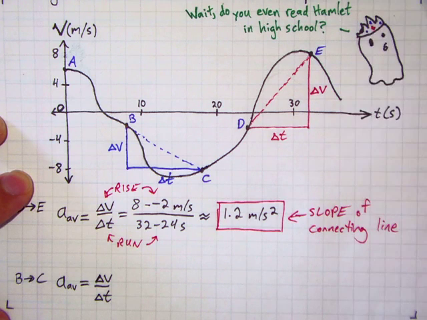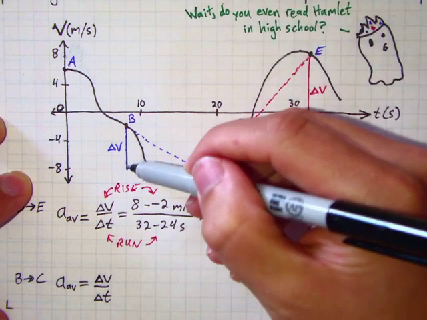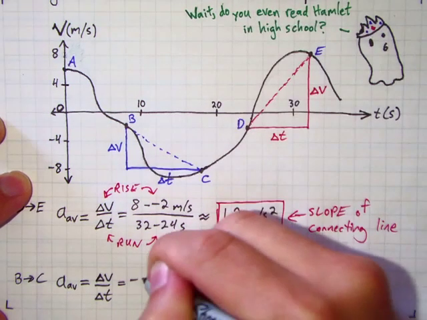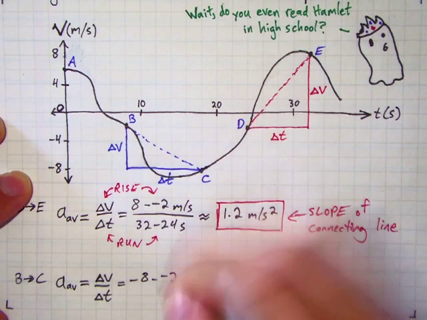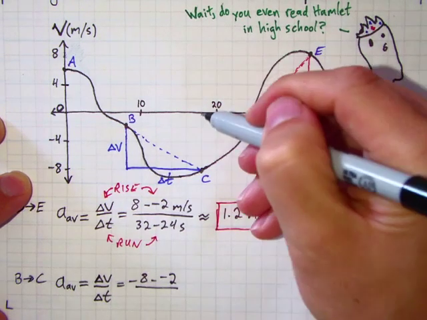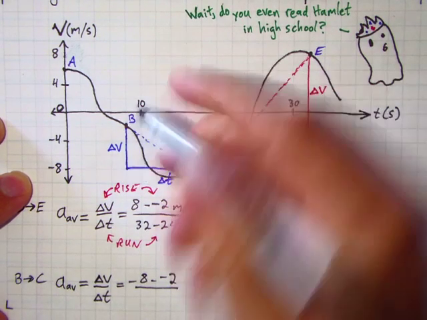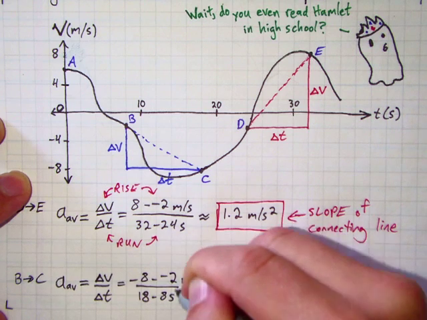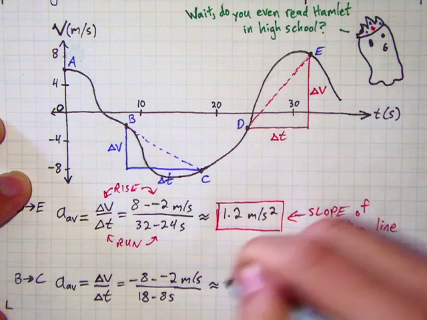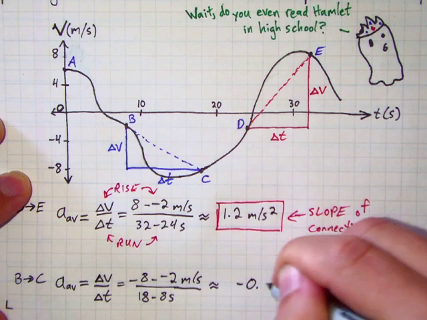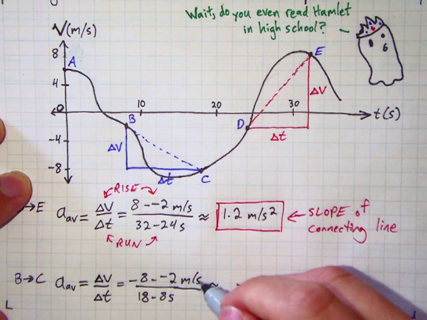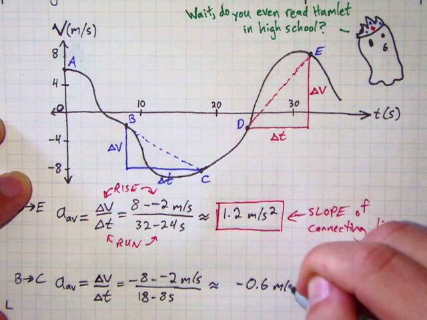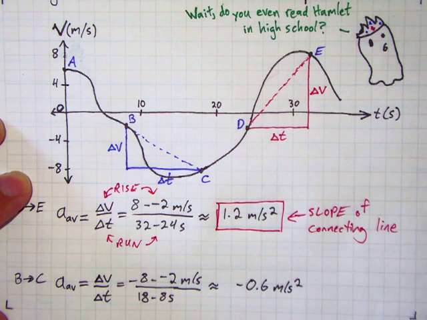Our delta V, final minus initial. Final is -8, initial is -2, over a change in time, that's 18 seconds minus 8 seconds. Get our units in there. Which comes out to -0.6 meters per second squared.